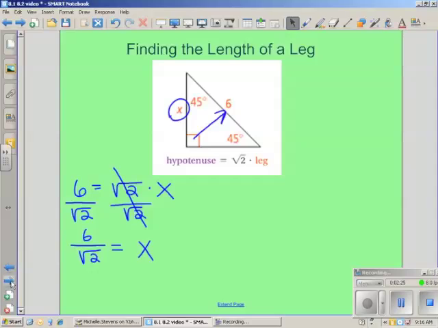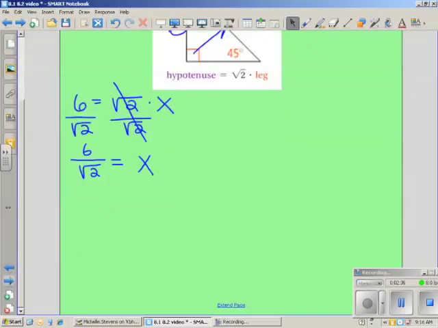This is not in simplest form. We can't have a radical as a denominator. So what we do here is multiply by a form of 1 to rationalize the denominator. This is how we do it. I have 6 over radical 2, and I will multiply that by radical 2 over radical 2, which is the same as saying 1. Anything over itself equals 1.